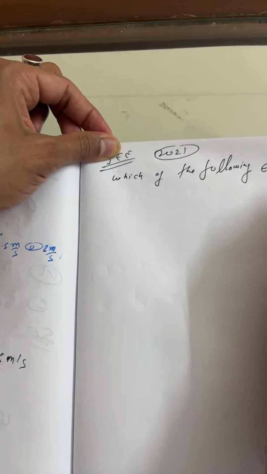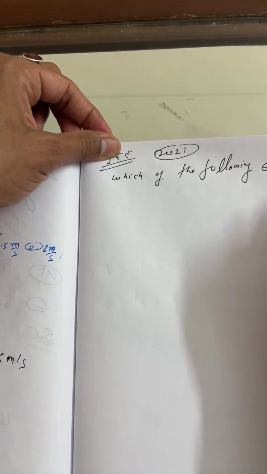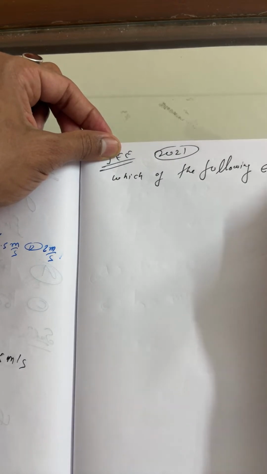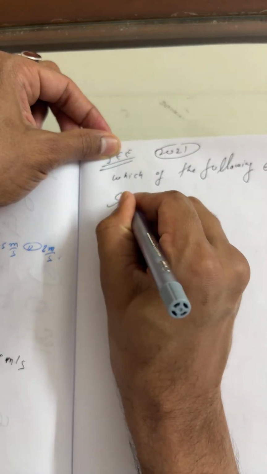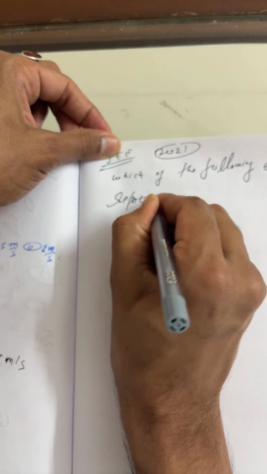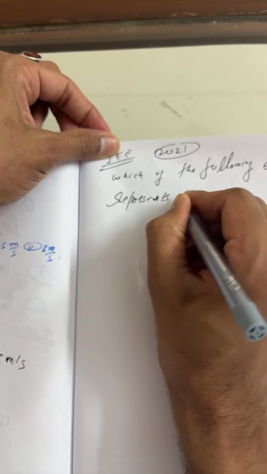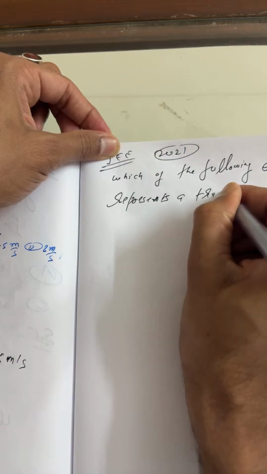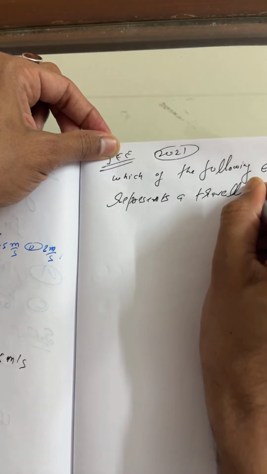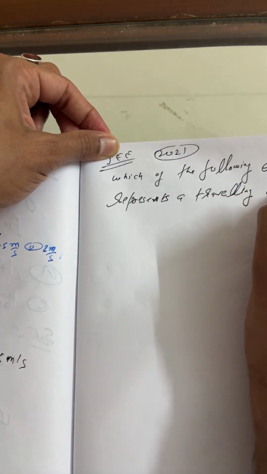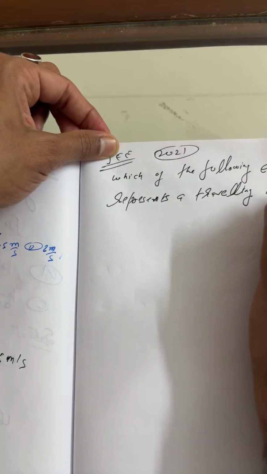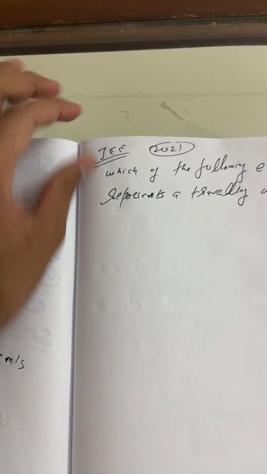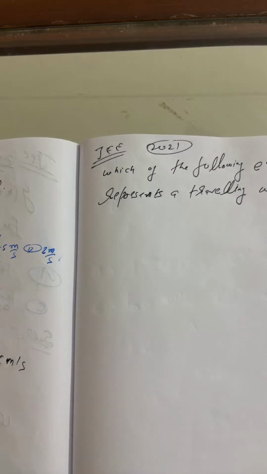Which of the following equations represents a traveling wave?